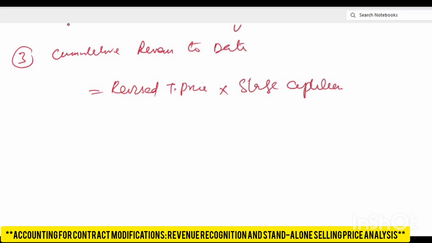So when you are doing this, then you will get the revenue adjustment, and this will be cumulative revenue less revenue already recognized.